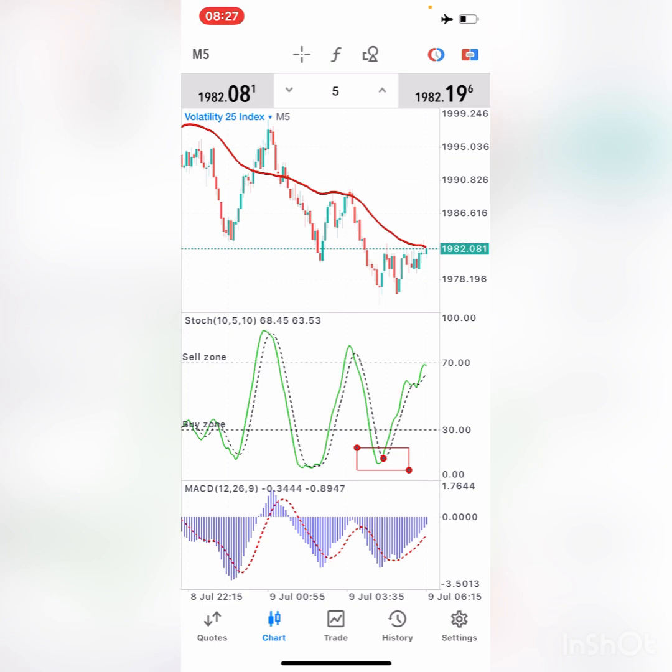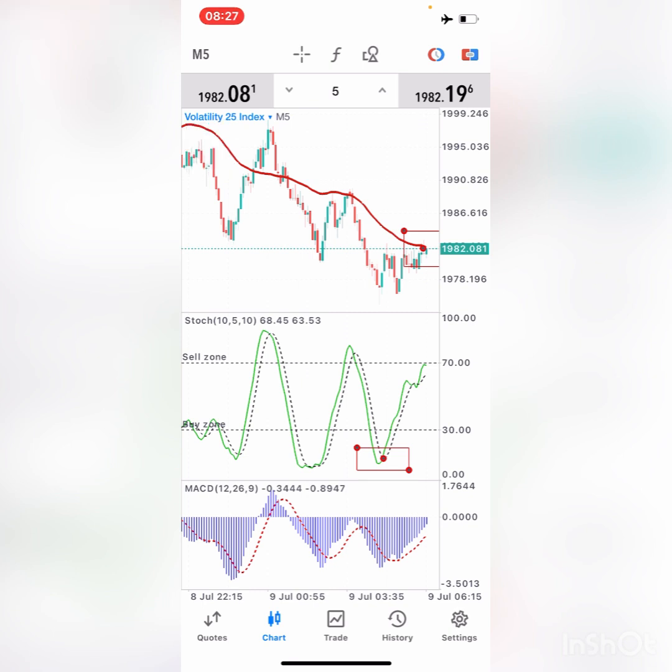Okay? After that, the next thing that you have to look at is your candlesticks and this red line. The candlesticks have to cross to be above your moving average right here. This is why I was saying I'm actually looking at a potential setup.